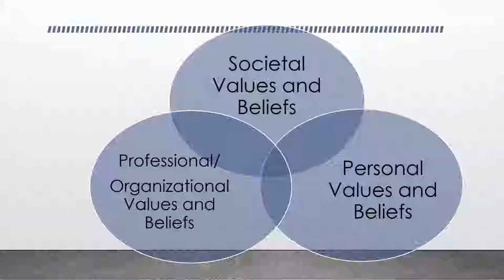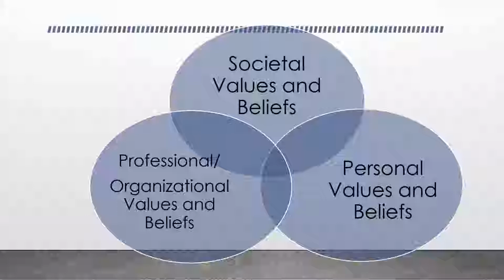And as social workers, we have to reflect critically when we see these ethical dilemmas arise. And particularly, we have to really be mindful of our personal values and belief systems, and when they come into conflict with those of the clients that we work with, or our organizational values and beliefs. And we really have to think critically about how we can work through these ethical dilemmas.